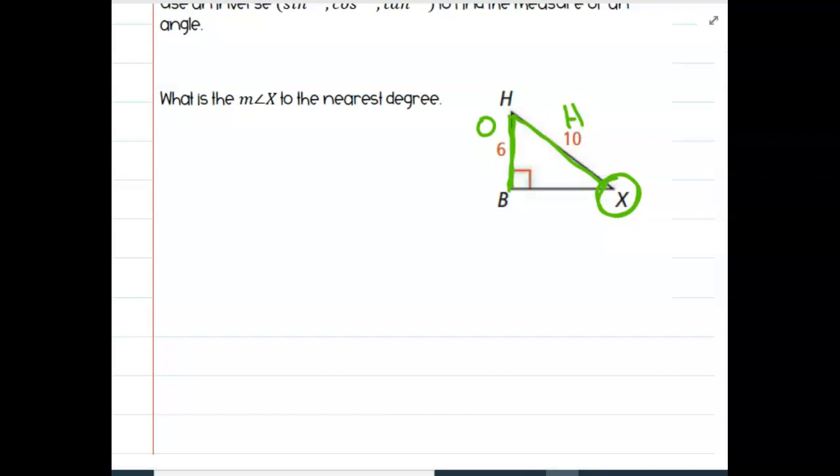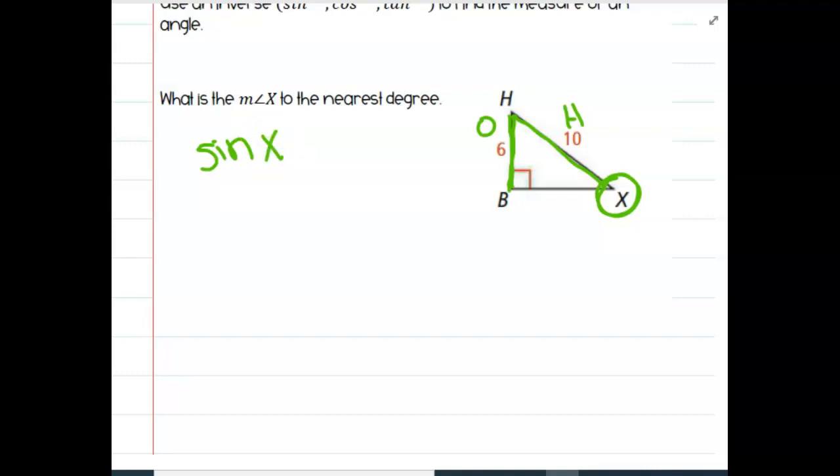And just like yesterday, we have SOH CAH TOA. Opposite and hypotenuse belong with which ratio? Sine. It's still the same thing: sine of an angle equals the opposite over the hypotenuse. The difference today is that when I take sine of an angle, I don't know the angle. That's what I'm looking for. So just like every other time in math, when I don't know something, we use a variable.